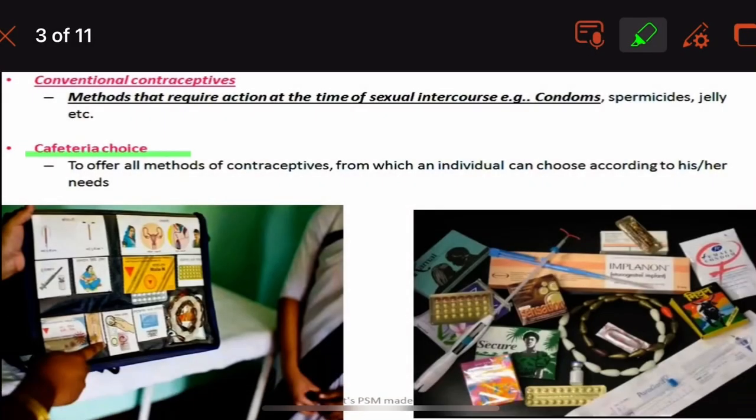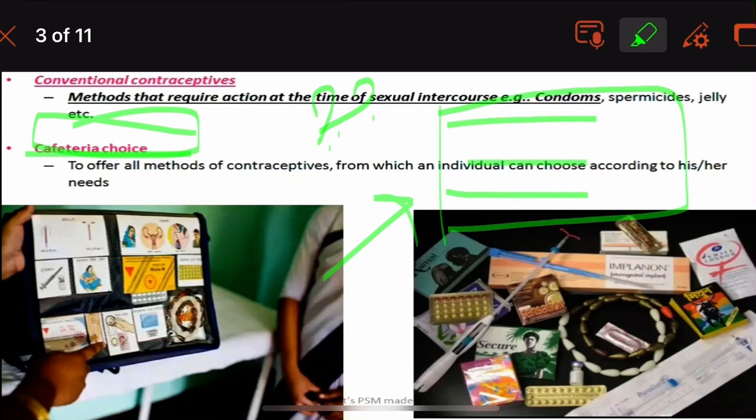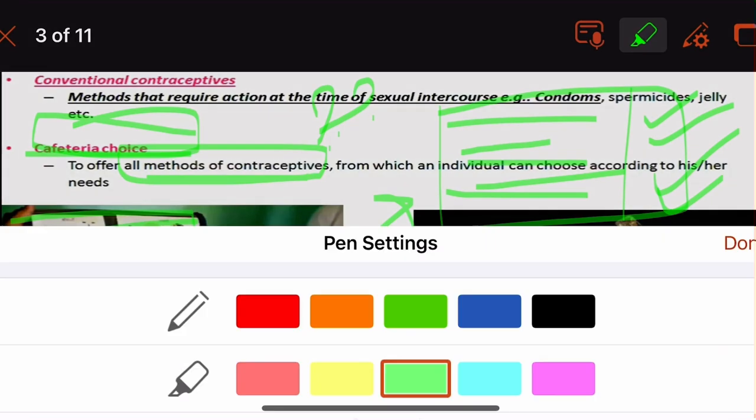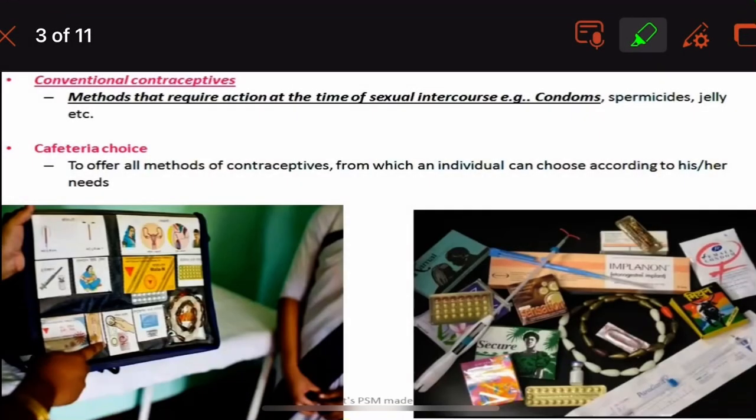Moving on, we have cafeteria choice. Why do they mention the word cafeteria here? When we go to a cafeteria, they provide us a menu, and we have a choice to select what we want to order or what we want to eat. Similarly, in cafeteria choice with regard to contraceptives, all the methods of contraception are provided to the individual, who has a choice to make about which contraception they want to practice.